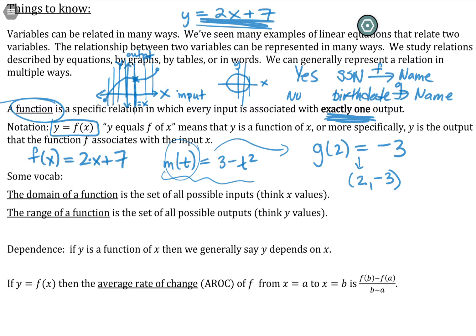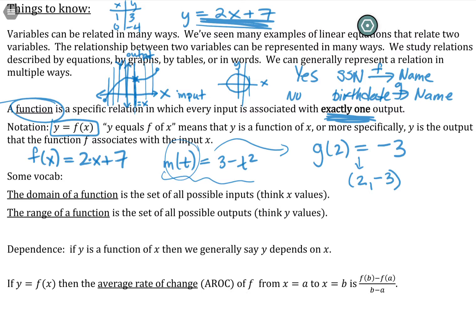Okay, so we're going to do tons and tons of practice, but basic things I want you to get here is that a two-dimensional graph relates to variables. An equation with two variables is a relationship between those variables. We could have tables with x and y values. And that's telling us about a relationship with two variables.